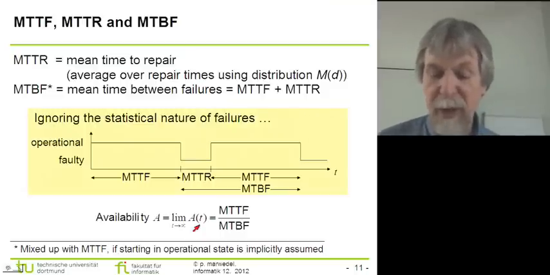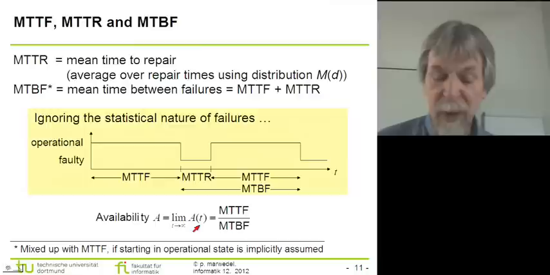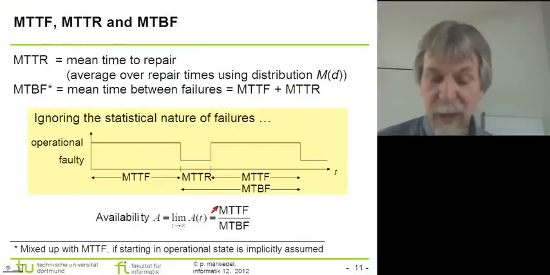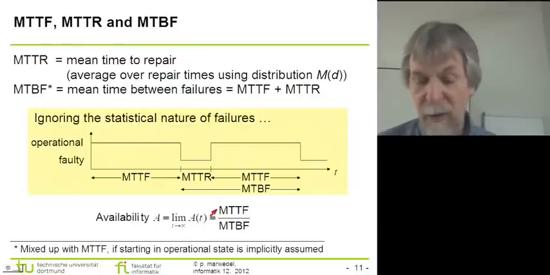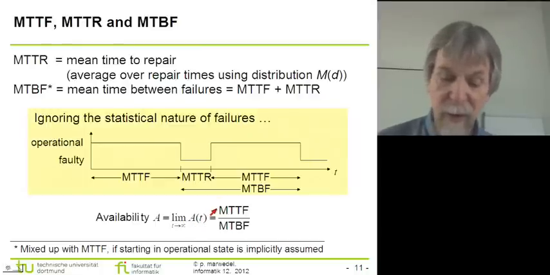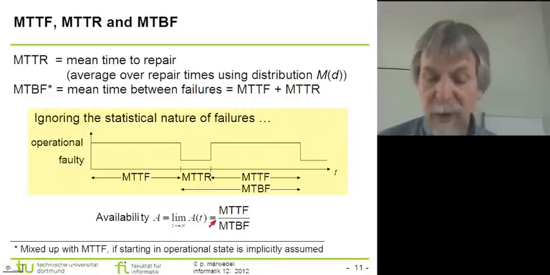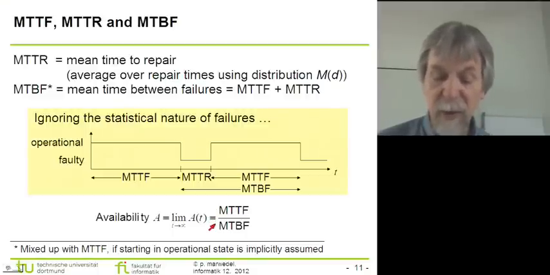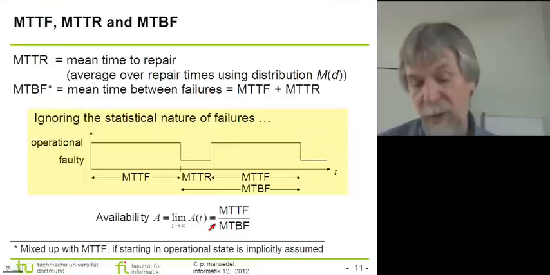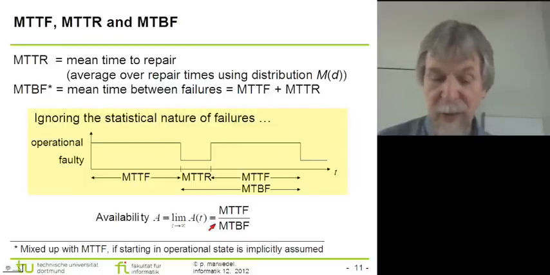Because if we have wear out, for example, this availability will decrease over time. The availability is defined as the fraction of the system being available in relation to the overall time, consisting of the sum of the MTTFs and the MTTRs.